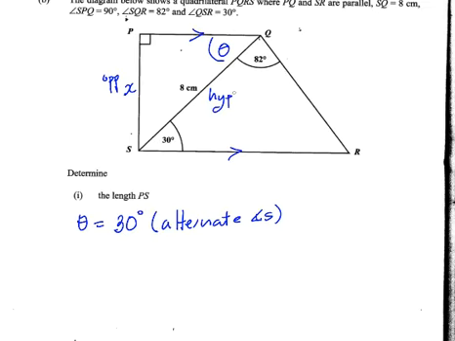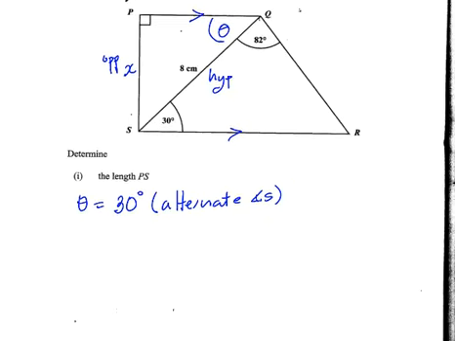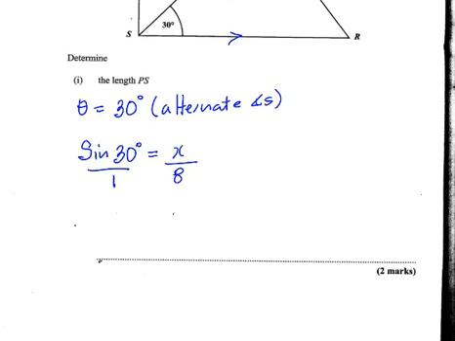Now, the ratio that includes opposite and hypotenuse is sine. So I can say that the sine of 30 degrees is equal to opposite x over the hypotenuse, which is 8. If I have one fraction equal to one fraction, I would cross multiply.